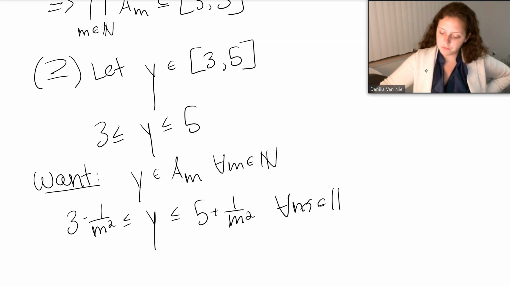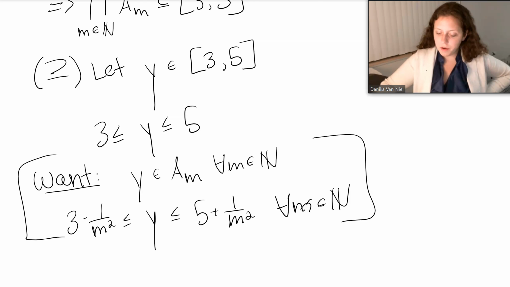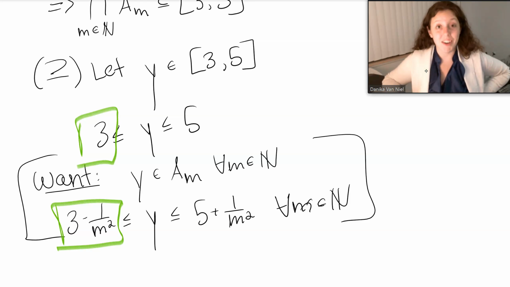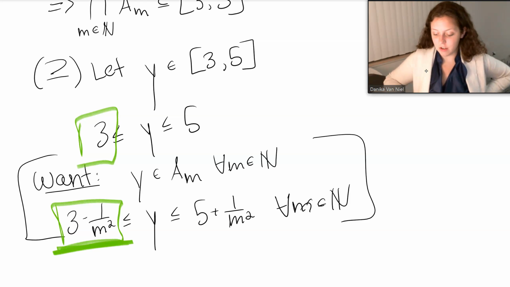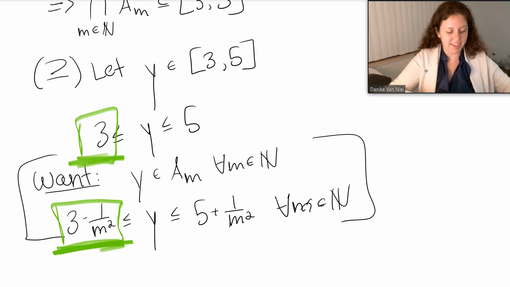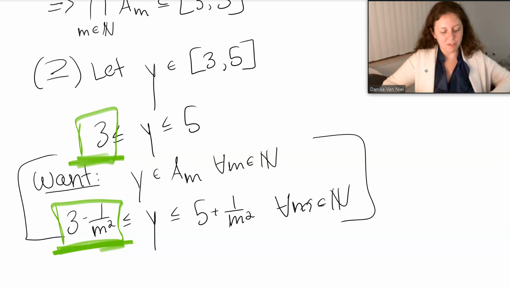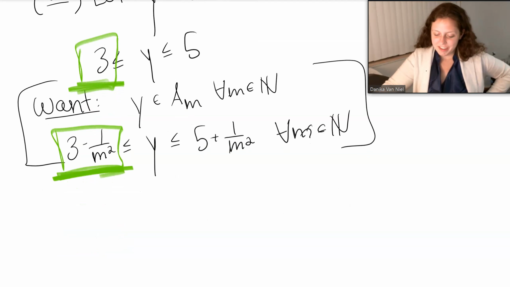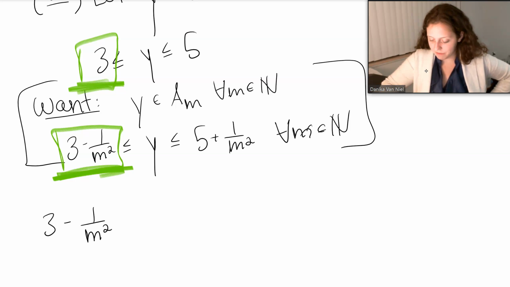Okay, so what do we notice about this compared to this? Awesomely enough, 3 minus 1 over m squared is always smaller than 3, so it is less than or equal to 3.